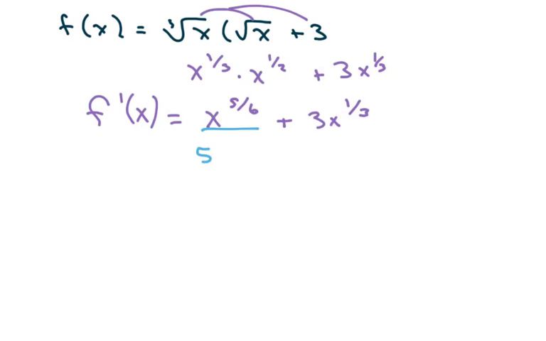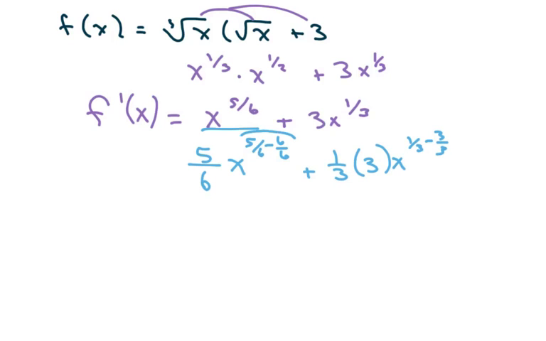So we're going to get 5/6 x to the 5/6 minus 6/6, which is 1, plus 1/3 times 3 x to the 1/3 minus 3/3. And that's going to give you 1/6 here and negative 2/3 there, or negative 1/6.